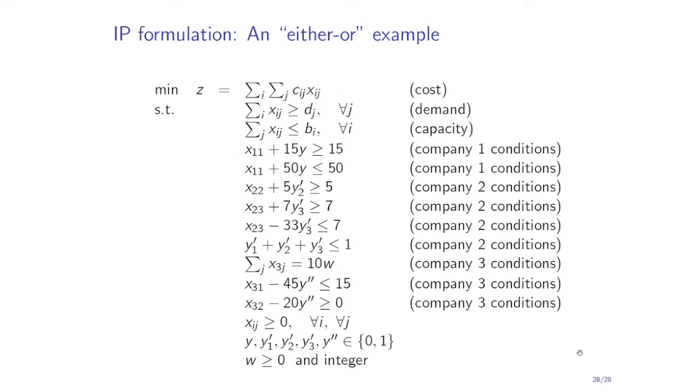So we have added all the constraints that we derived. This part is the base formulation that we started with. The objective is just cost. We also have the demand constraint.